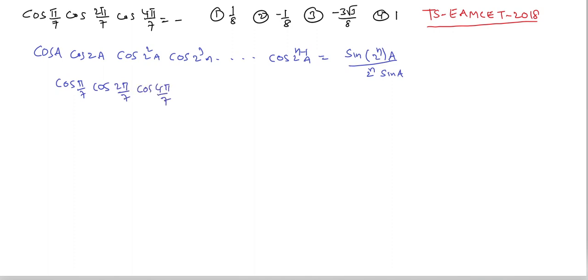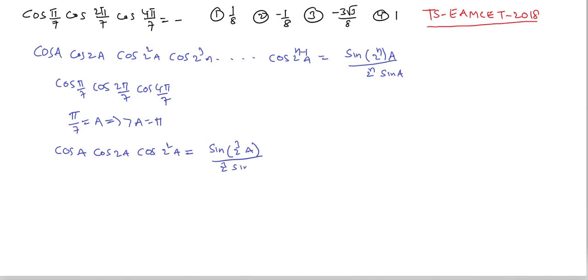So we take pi by 7 is equal to A. From this 7A is equal to pi, that is cos A cos 2A cos of 2 square into A, that is equal to, applying this formula, sine of 2 cube into A by 2 cube, that is equal to sine 8A by 8 sine A.